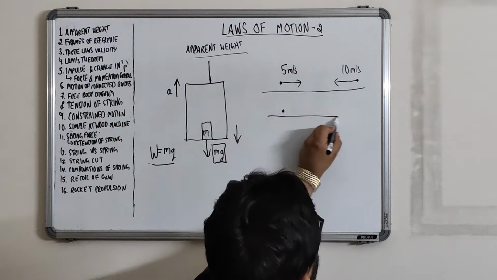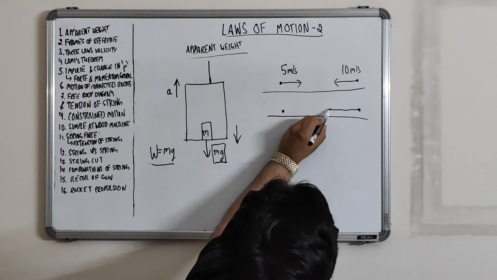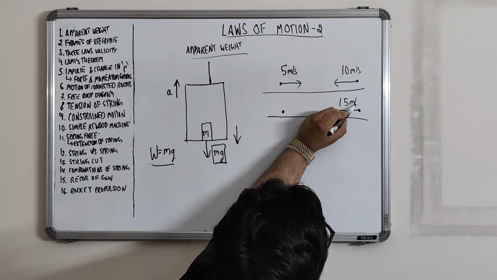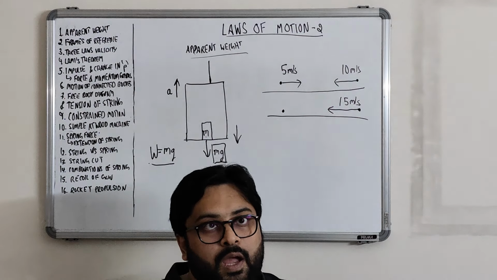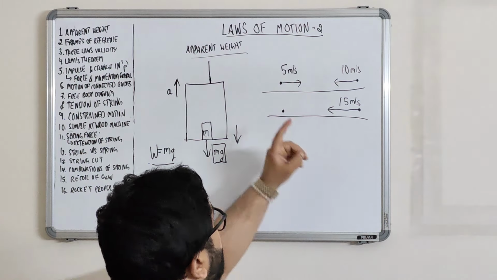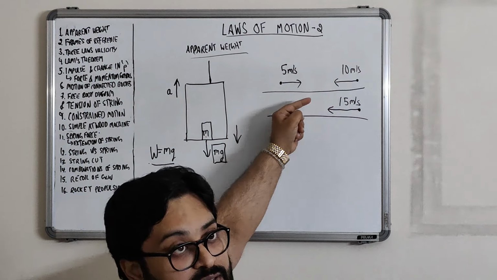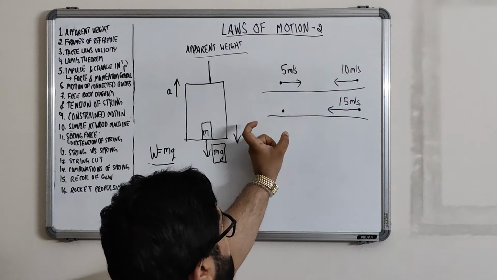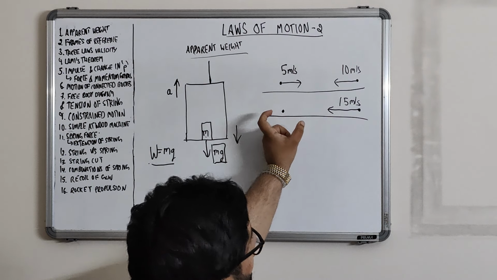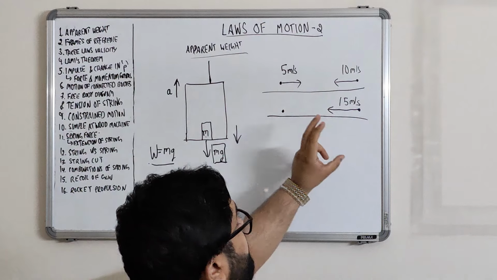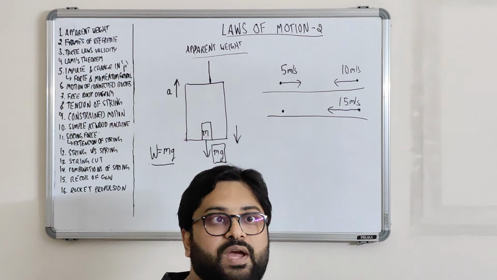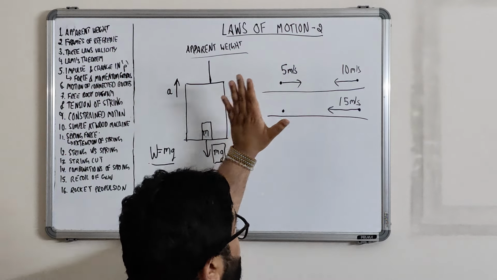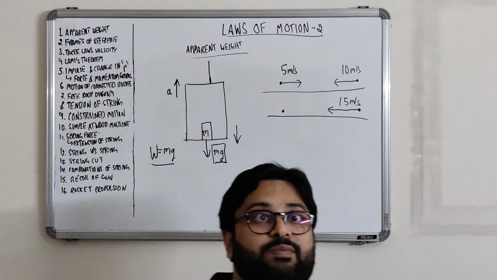But the amazing thing is, this train is moving at a different speed according to you. And how much is this speed? Because you are moving in this direction and the train is moving in this direction, you think of yourself at rest, and that other opposing train is moving at a combined velocity. Had you been moving in the same direction, then the magnitude of this train according to you would have been the difference.